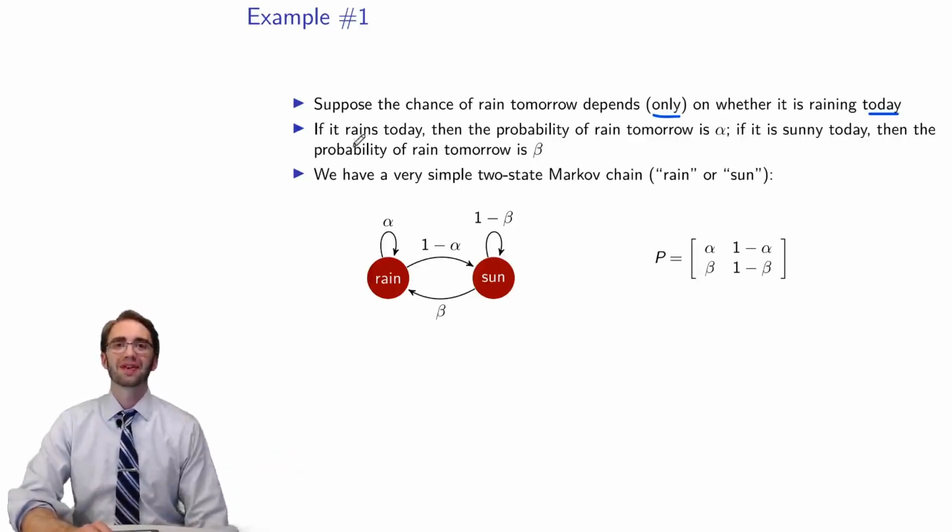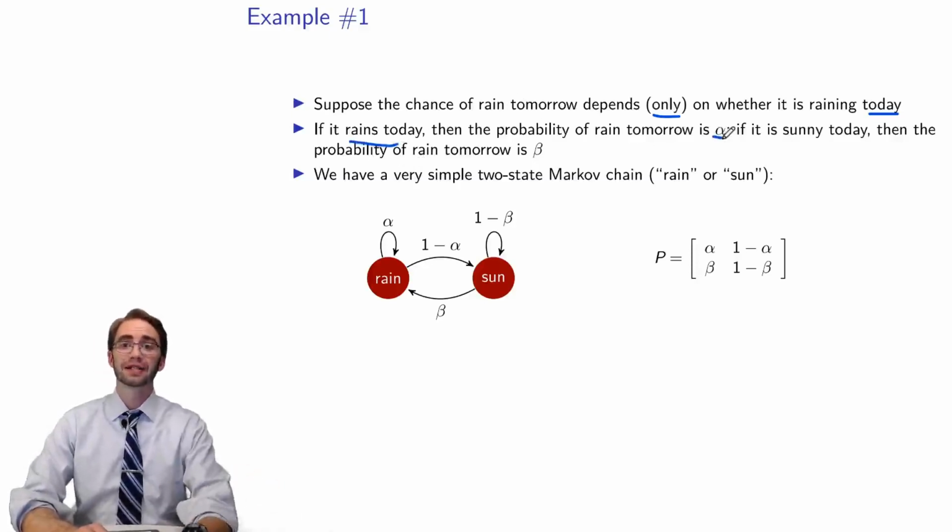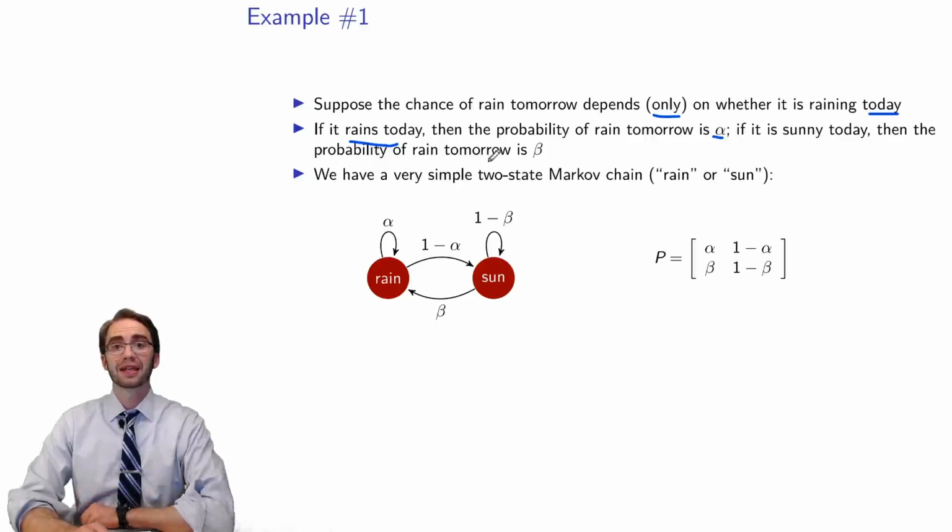And we'll say, okay, if it rains today, then the probability of rain tomorrow is alpha, and if it is sunny today, then the probability of rain tomorrow is beta. So this is a very simple Markov chain, rain and sun. Those are the only two states. And the chain looks like this, right? If it is presently raining, then the probability of rain tomorrow is alpha.